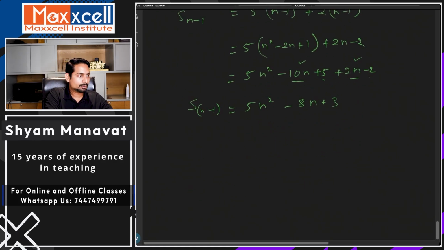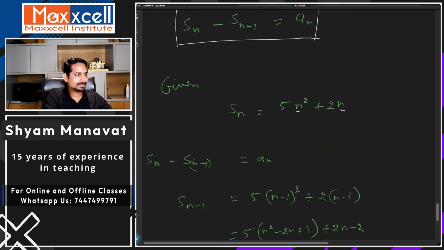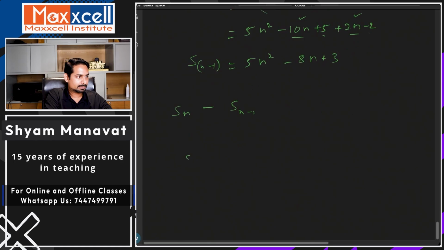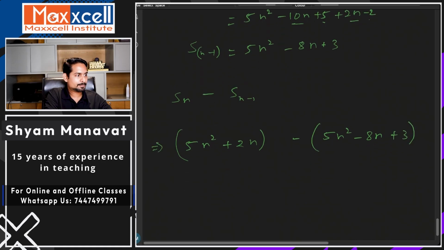Now you just need to do Sn minus Sn minus 1. So how do you do that? You get Sn as 5n square plus 2n minus of 5n square minus 8n plus 3. Open the bracket.